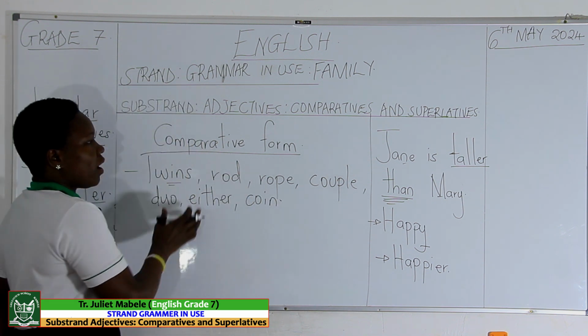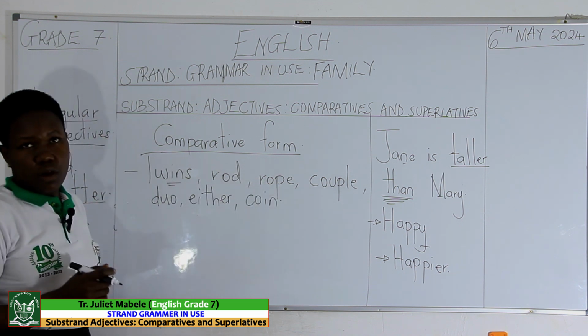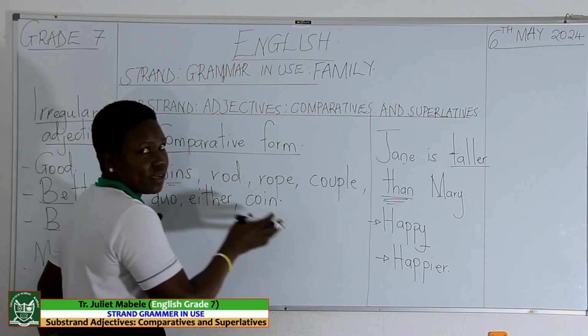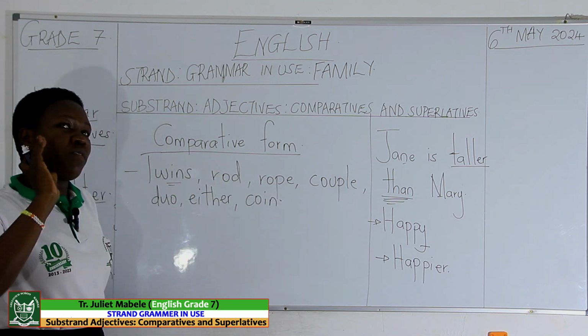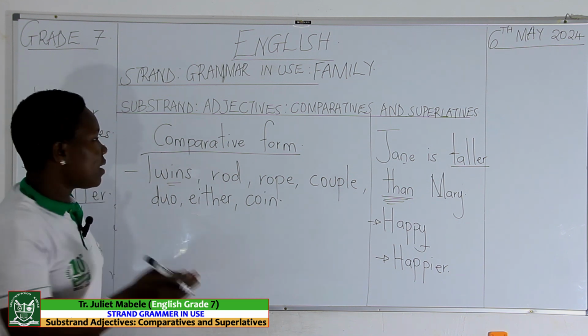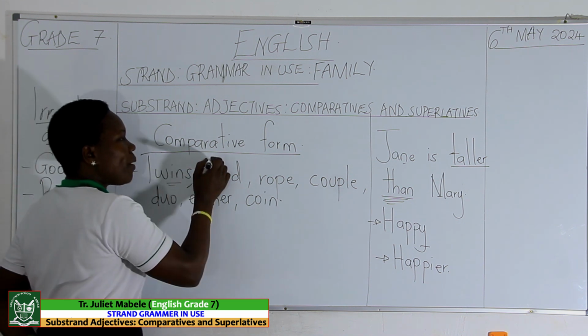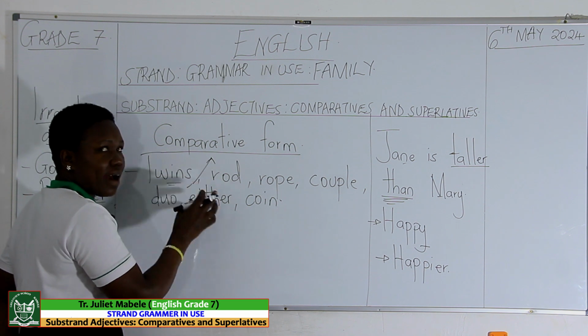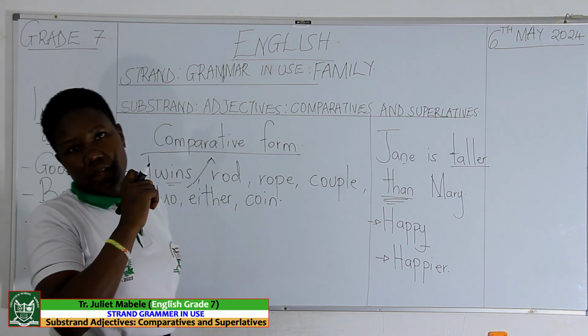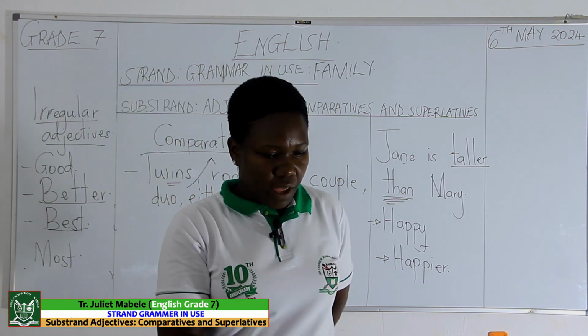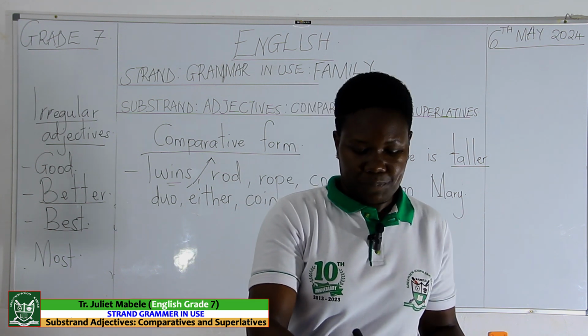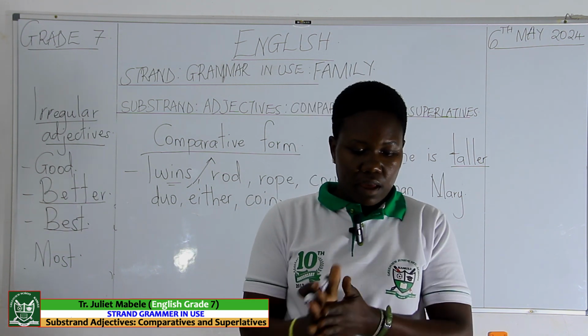Okay, so look at these words. When you find either of these words in a sentence, you don't have to overthink. The only thing you remember is you use the comparative form of the adjective that you've been given. I hope we are together up to that point. Okay?